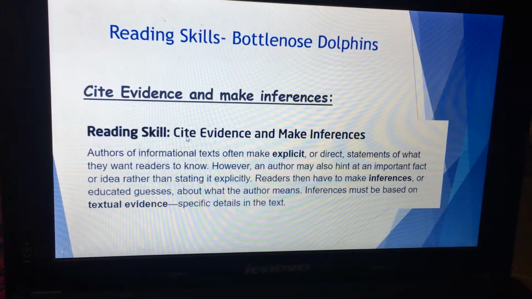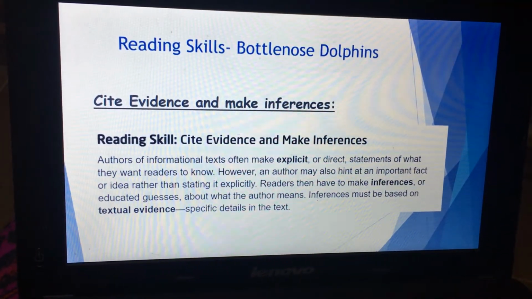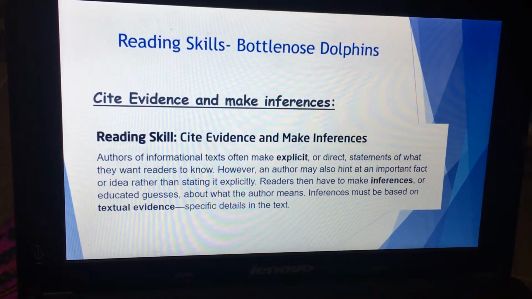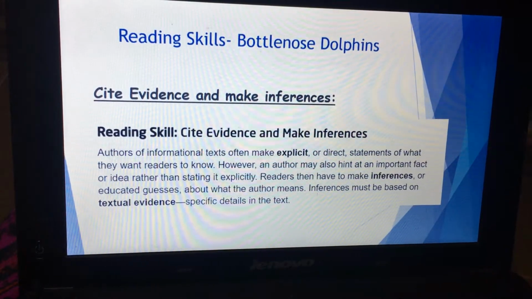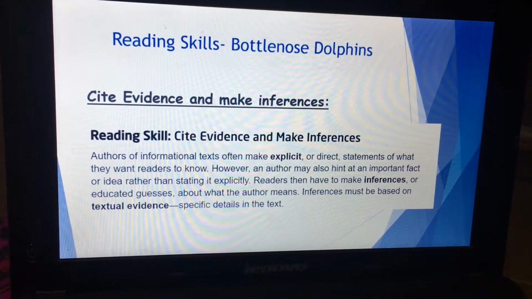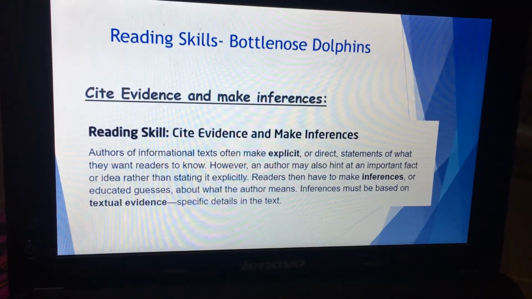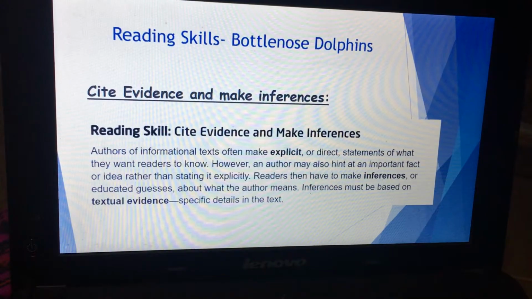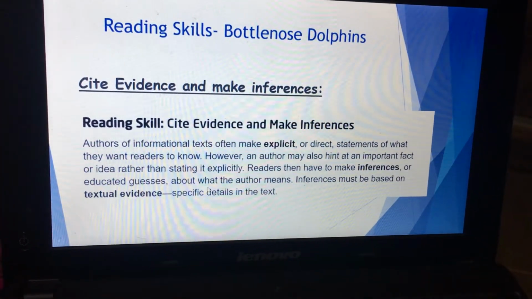The reading skills in this lesson is mainly about citing evidences and making inferences. The inferences is what we understand from the text when we read it. The evidence is what is mainly stated clearly. Now, the authors of informational text, and since it's an informational text, guys, they often make explicit or direct statements of what they want readers to know.